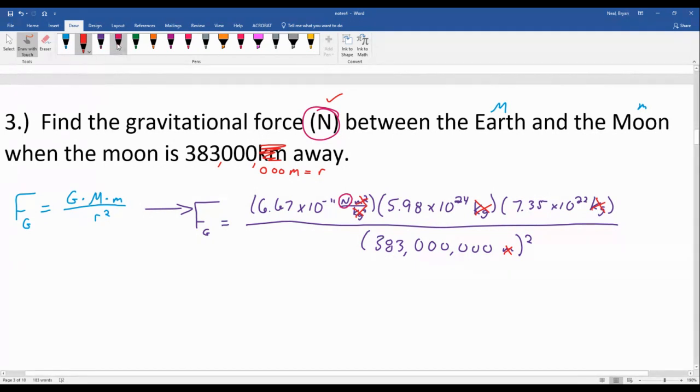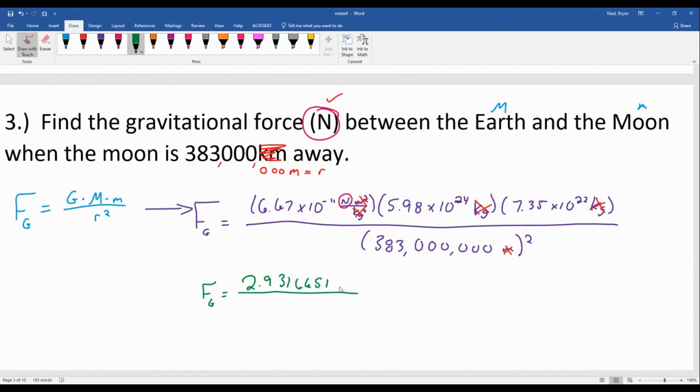All right. The first part's usually not too bad when we start multiplying things together across the top. And instead of squaring, if you want to, you can multiply on the bottom. That's not too bad. It's usually the next step where students have issues with the calculator. All right, so here on the top, if you've figured all your buttons out, you should get 2.931661 apparently times 10 to the 37, which is an unbelievably huge, massive number.